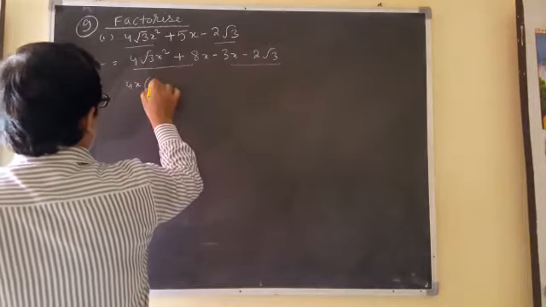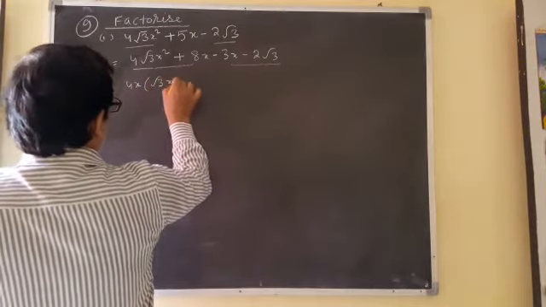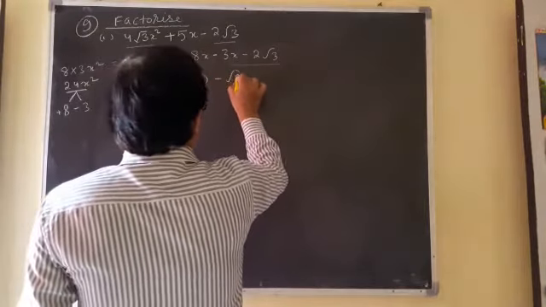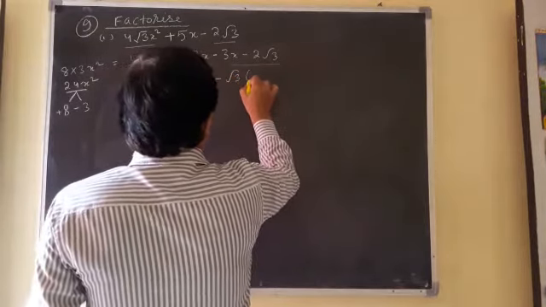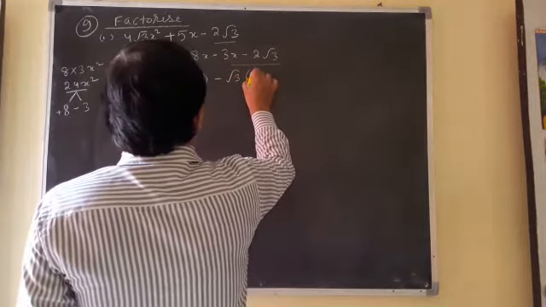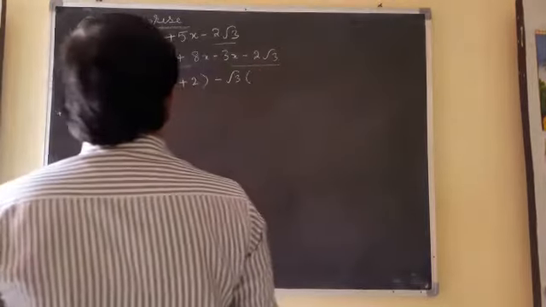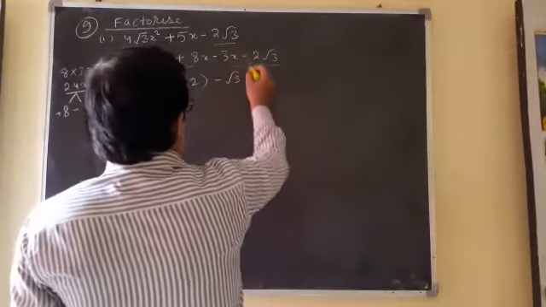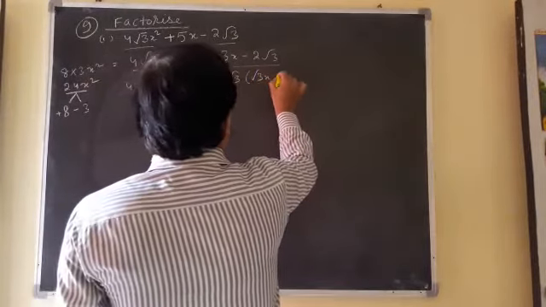So here it will be root 3x plus 2. Minus, here we will take root 3 as common. So here it will be root 3x minus 2.